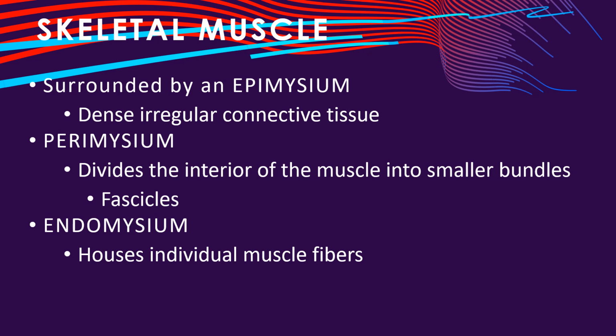These fascicles are further subdivided into individual muscle fibers, and these individual muscle fibers are surrounded by your endomysium. Your endomysium surrounds your individual muscle fibers, your perimysium surrounds a group of muscle fibers, and your epimysium surrounds your whole muscle.